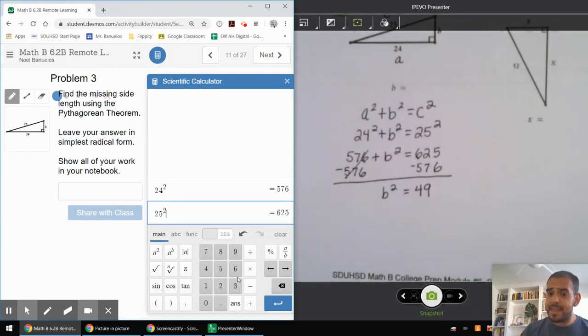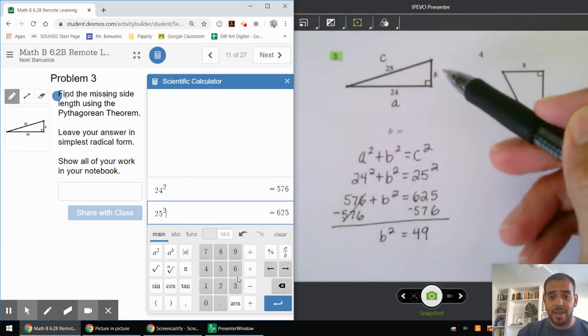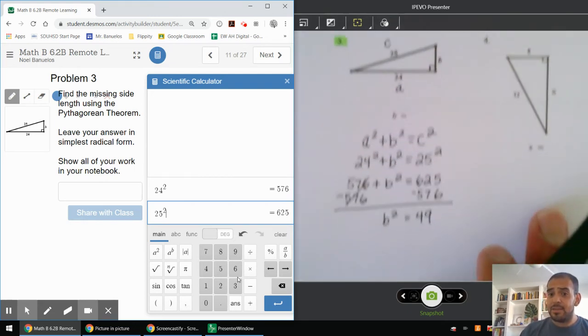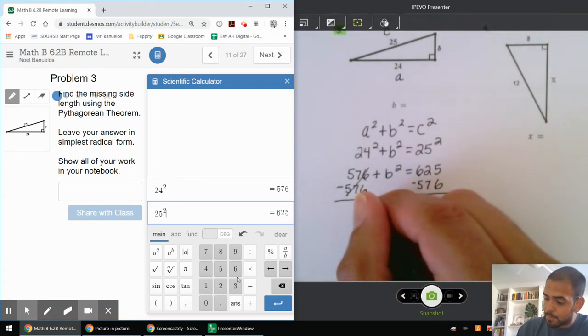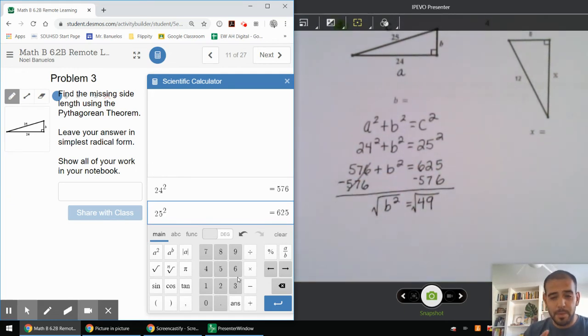A common mistake here is that people would say that the side length of this right triangle is 49, but it's not, because you need to do the inverse operation of squaring something. The inverse operation of squaring something is taking the square root. So don't forget to take the square root of both sides. That's the biggest mistake that I see students make.